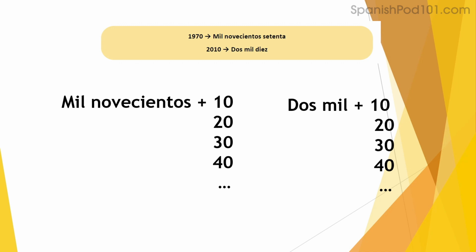Here in the little box at the top of your screen, we have two examples: 1970 and 2010. Let's pronounce 1970 in Spanish.